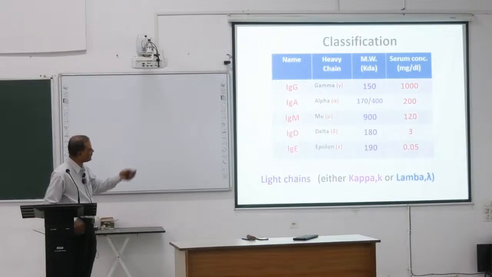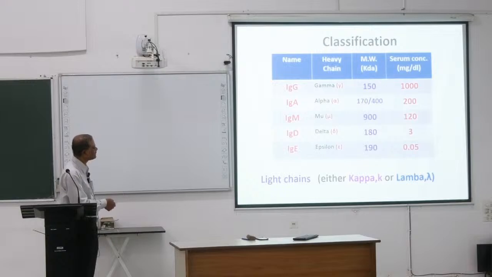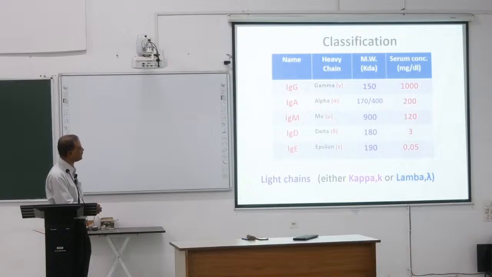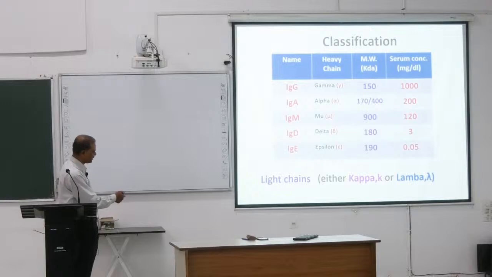I have classified them according to serum concentration. The highest serum concentration is with IgG, on the order of 1000. Now, IgG and IgD are usually monomers. IgA can exist as a monomer, and mostly it is a dimer, and that is the reason for the molecular weight you can see.